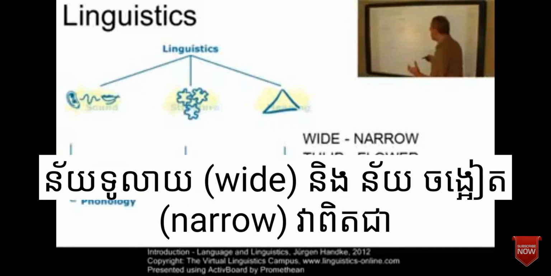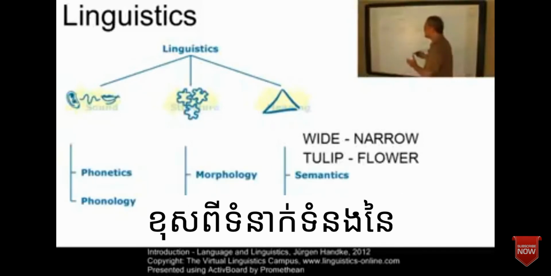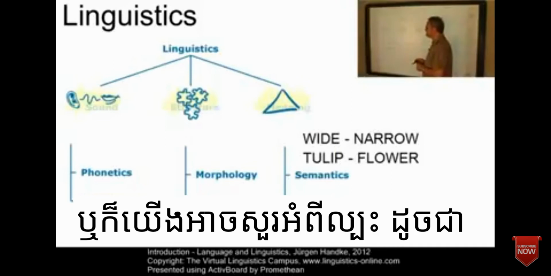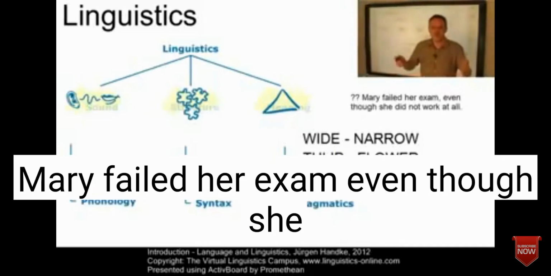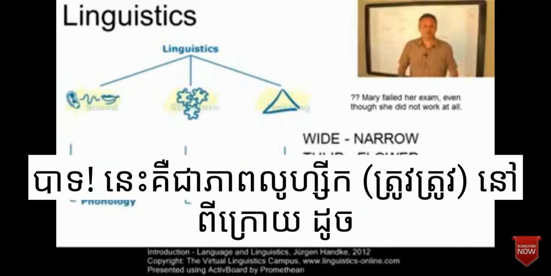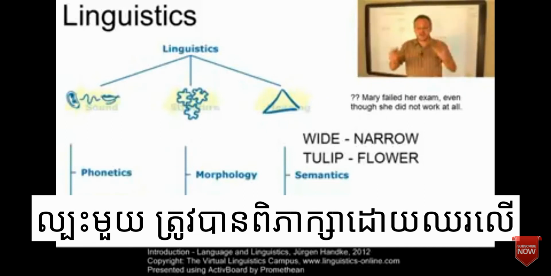It is certainly different from the relationship between the two items tulip and flower. Or we could ask about sentences such as, "Mary failed her exam even though she didn't work at all." Well, what a strange world this is. The logic behind such a sentence is discussed under the heading of sentence semantics.